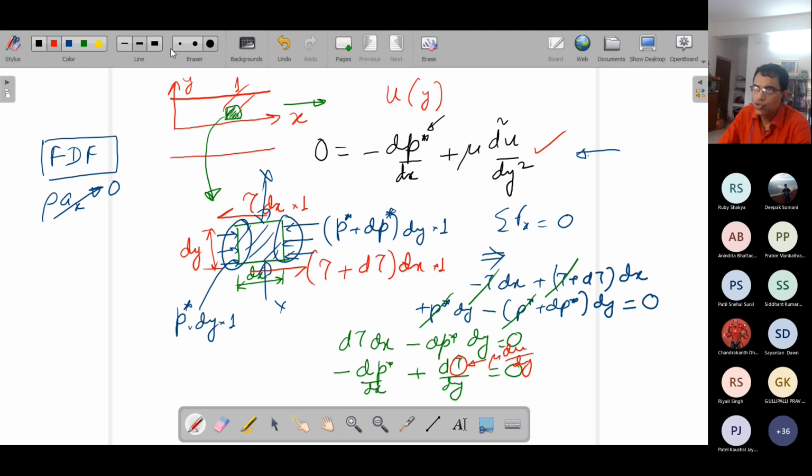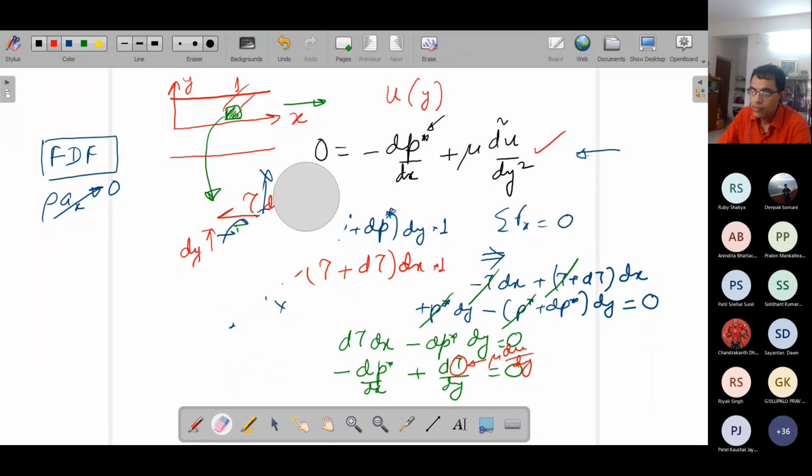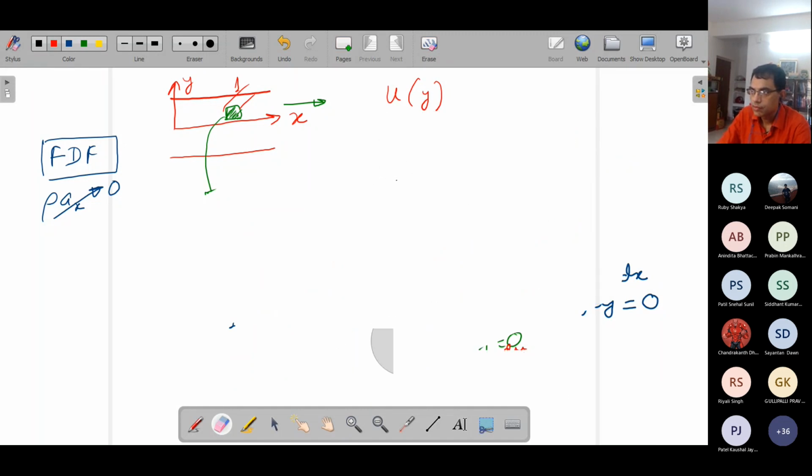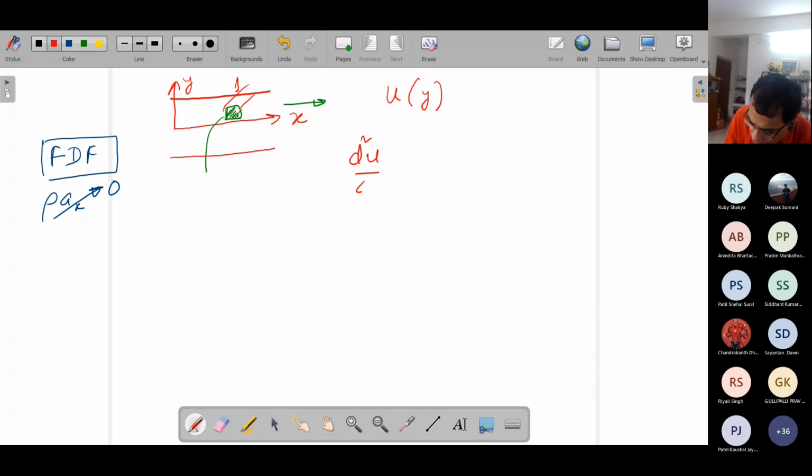So now let us try to solve this. And again, for solving this, we will get certain insights that we will use. If you write the governing equation, you will have d2u dy2 is equal to 1 by mu dp star dx.